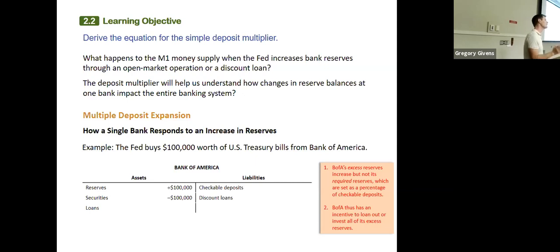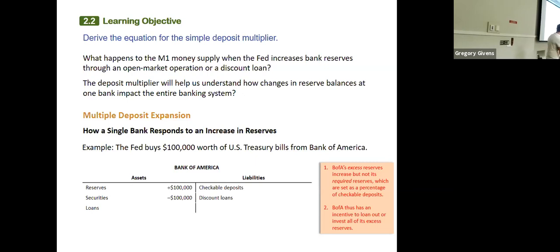And remember how we define, what are required reserves? Now be careful about this. What are required reserves? This is the fraction of a bank's checkable deposits, that is its liabilities, that banks must hold in reserve. If the bank simply sells some of its securities to the Fed, has anything happened to its checkable deposits?